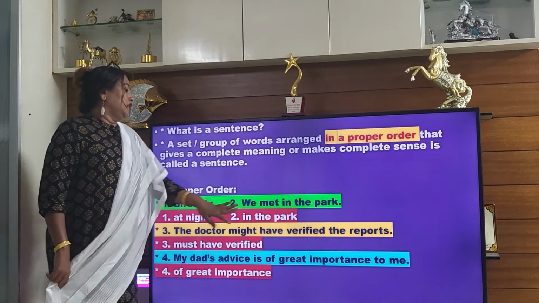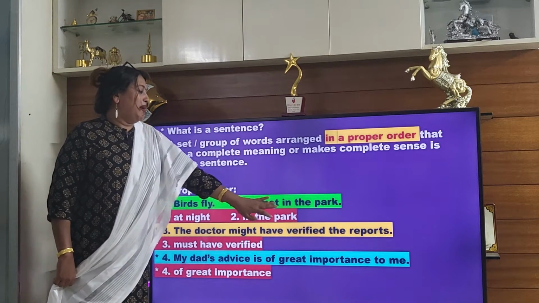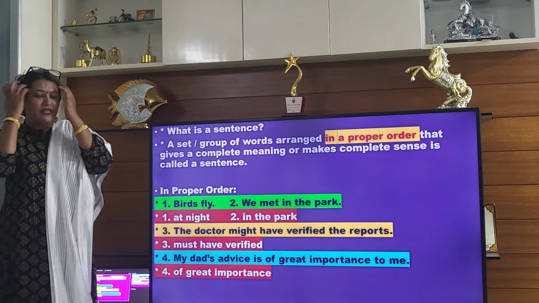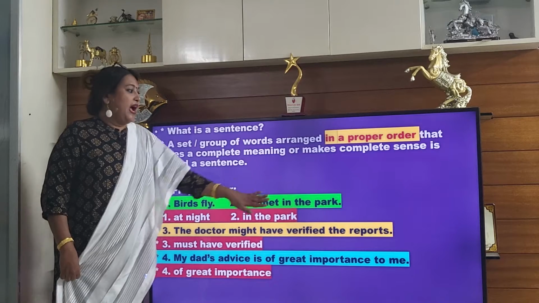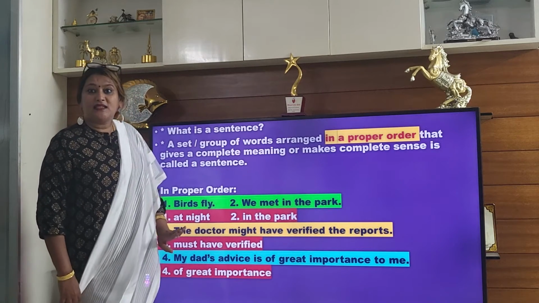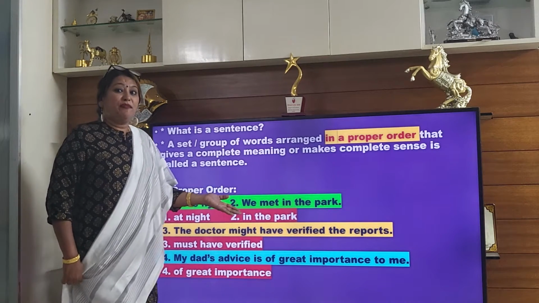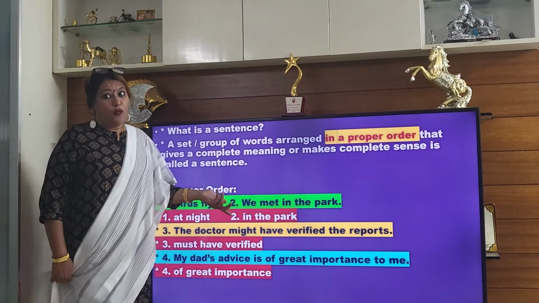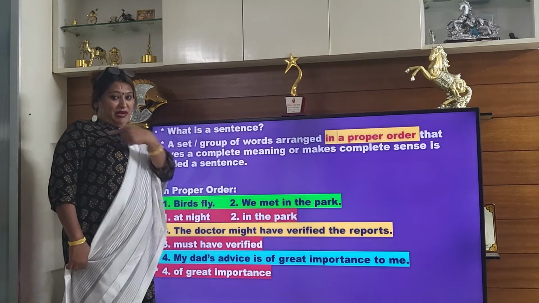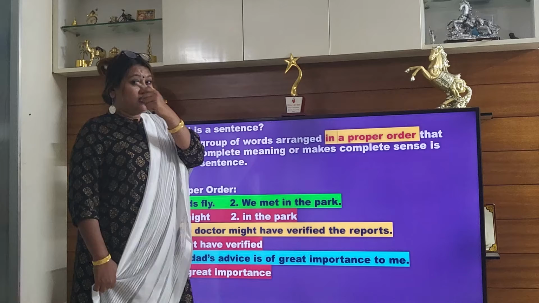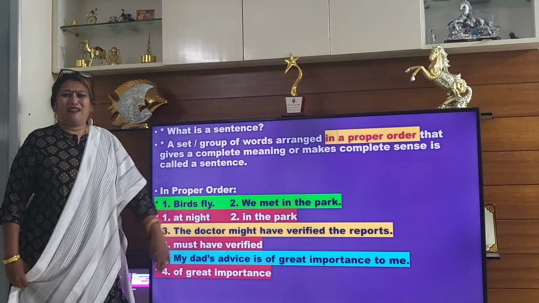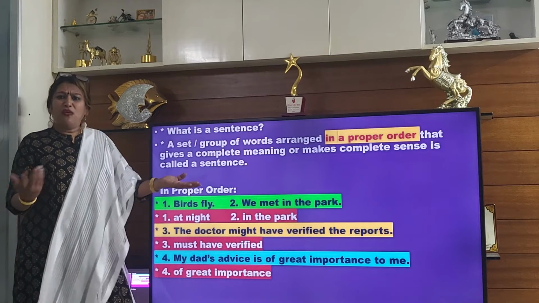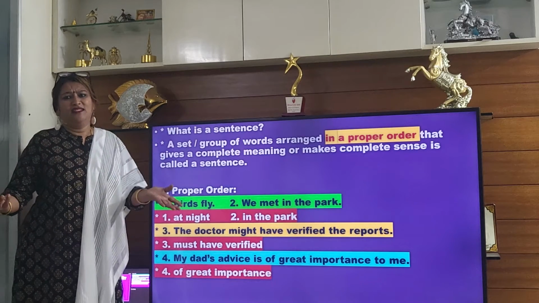Now coming here, We met in the park. If I say We met in the park, it begins with a capital letter and it makes complete sense. Where did we meet? In the park. Who met? We met. We means you consider yourself along with somebody else. Now, In the park. What in the park? No head, no tail here, only body.